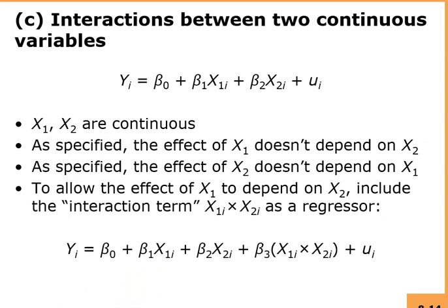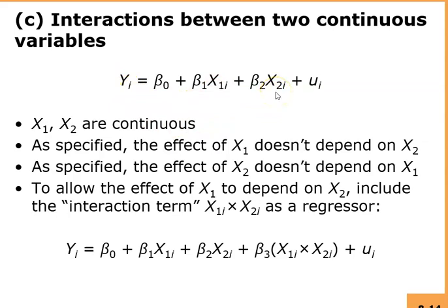So now we will turn our attention to the last scenario in which both of our variables are continuous variables and we are introducing an interaction term between the two in the regression equation. So the scenario x1 and x2 both are continuous variables, and if we just estimate this equation over here, the effect of x1 on y in this equation does not depend on x2.